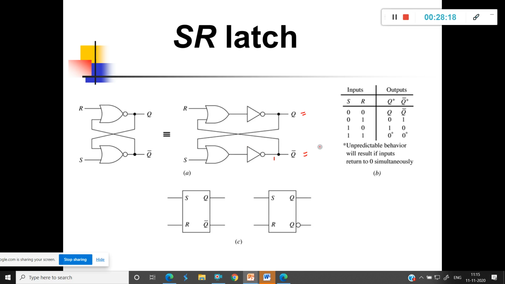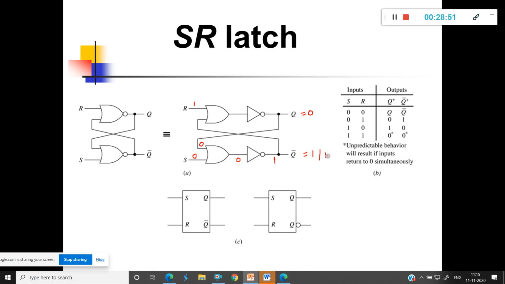Next, I will go with the second row. First row I have explained, now the second row. S is 0, R is 1. Assuming Q is 0, Q bar is 1. So this 0 will come here. 0 bar, 0, I will get here. 0 or 1, I am getting 1 here.